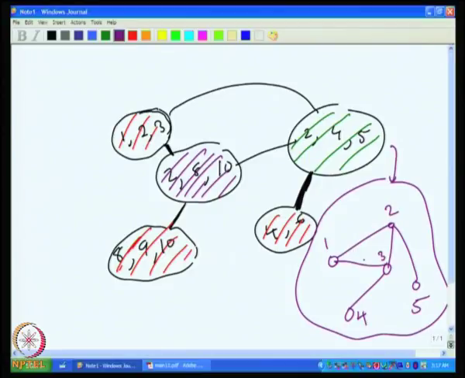The vertices correspond to the committees, and the colors are assigned to the vertices. This is the coloring problem. The red color is given here. If you look at the red colored vertices, they form an independent set. That means there is no edge between them. This is the coloring, and then here we have a violet color.